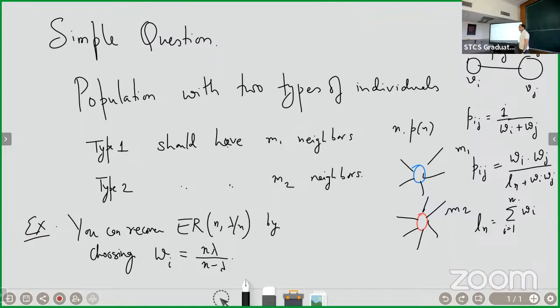This is just to show that it's a rich class of graphs. Because we already covered the earlier models, we should be able to do more stuff. In particular, a graph of this type.